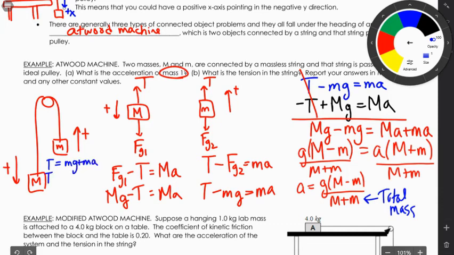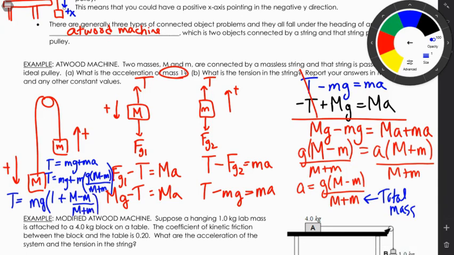T equals little mg plus m times g big M minus m over big M plus little m, okay? And I can factor out an mg. So T would equal mg times 1 plus big M minus little m over big M plus little m. There, so there's my tension.